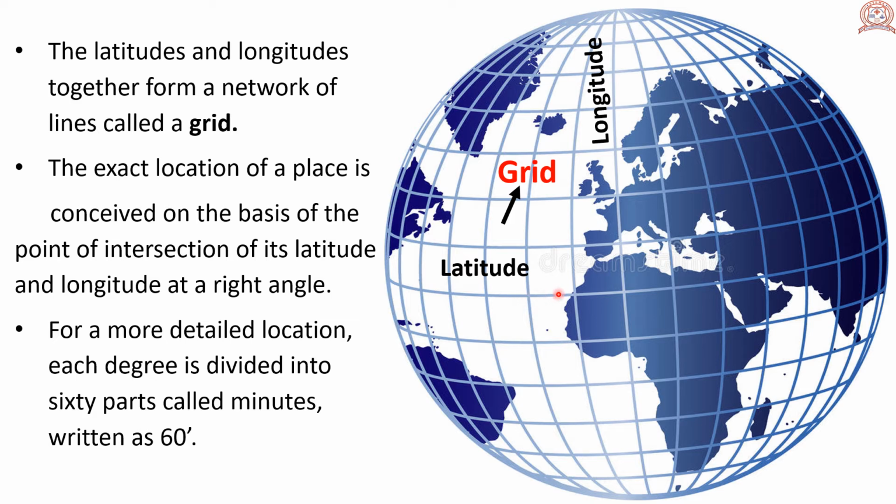That is, this is the 0 degree prime longitude, that is, the prime meridian. From there 1, 2, 3, 4 up to 180 longitudes are there. Between these two longitudes it is divided into 60 parts.